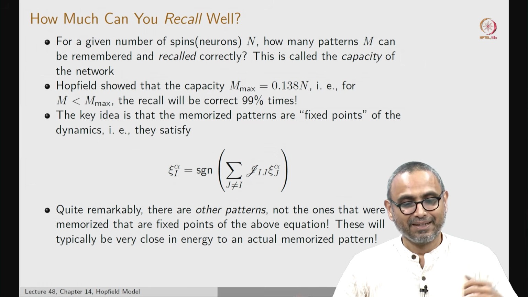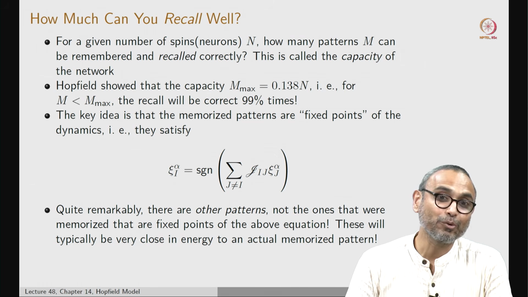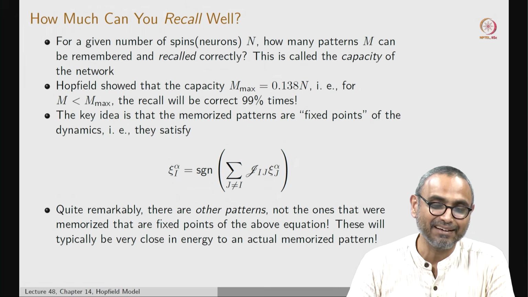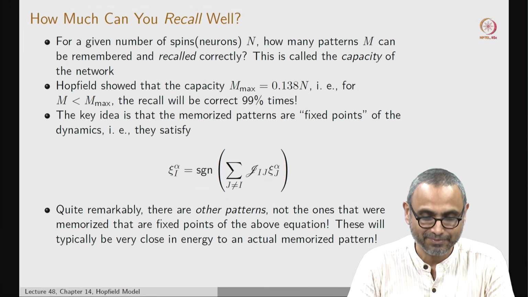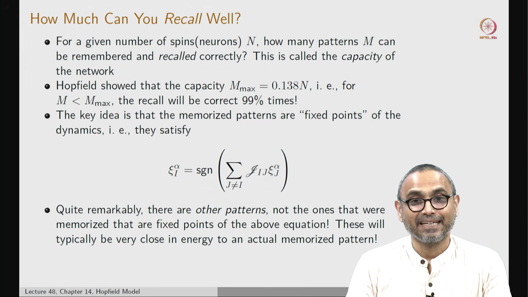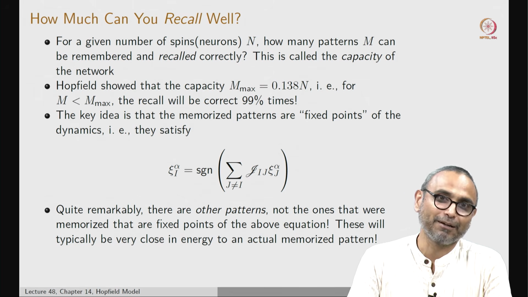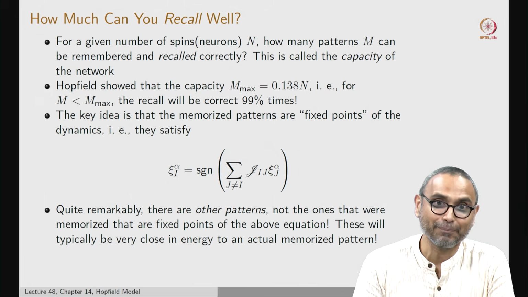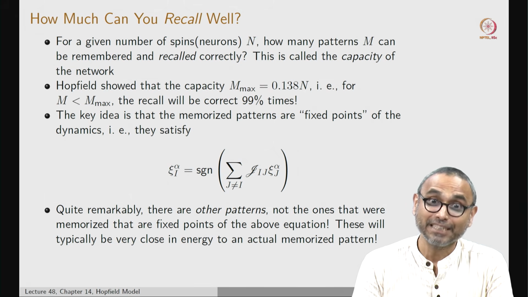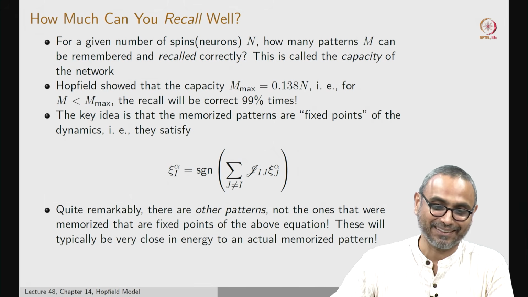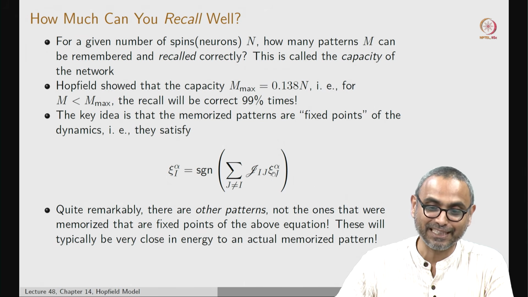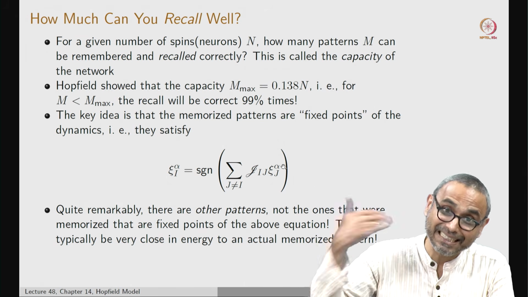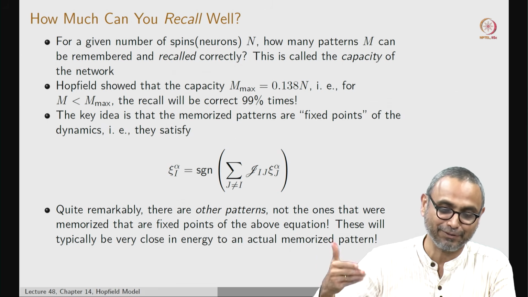Now what you will realize is, suppose you memorize some number of patterns, you will find that in the Hopfield model there will be other patterns which you have not memorized which are also fixed points of this equation. So in addition to the patterns you have memorized, there will be other images which are fixed point patterns.